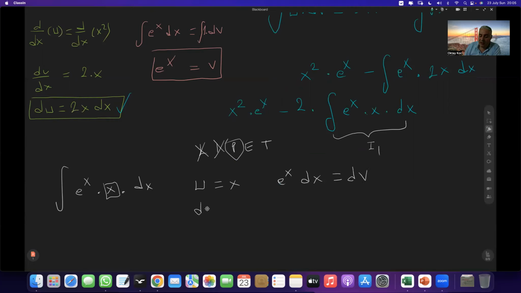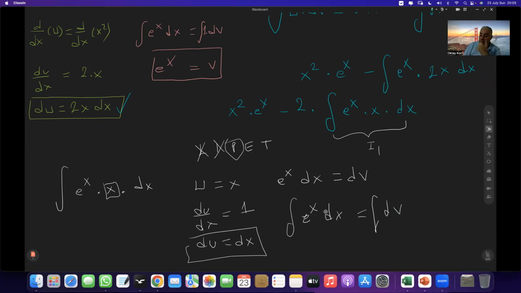And then if I differentiate this, du/dx is d/dx of x, which is 1, so du is equal to dx. On the right side, the integral of e to the x dx is e to the x, and the integral of dv is v.